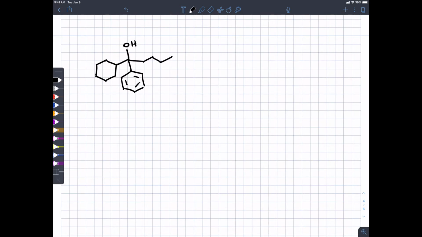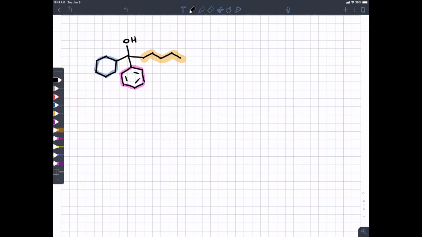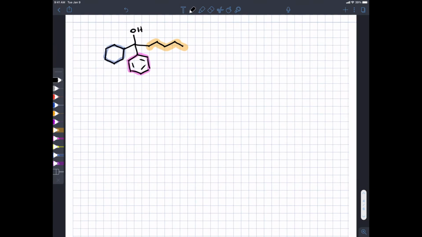What if you have a tertiary alcohol where you have 3 different colors for 3 different things attached to that carbon? Or rather, suppose, what's the difference between these 2 situations? Oh, darn.